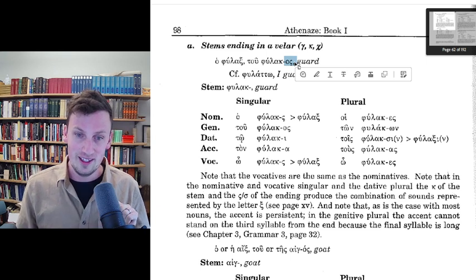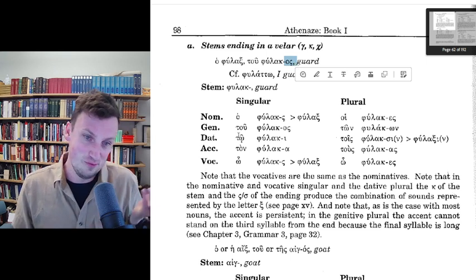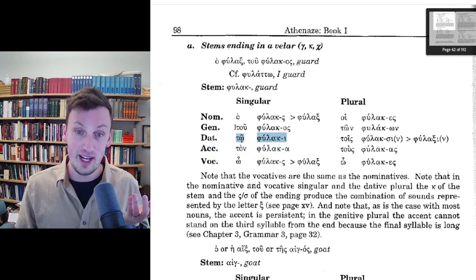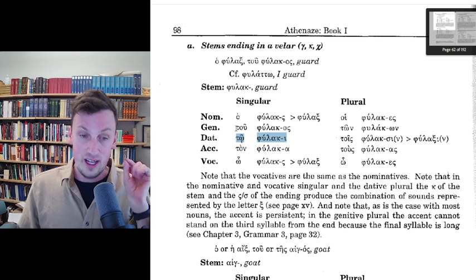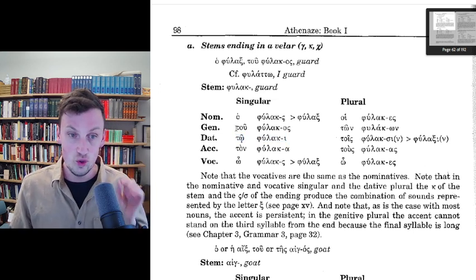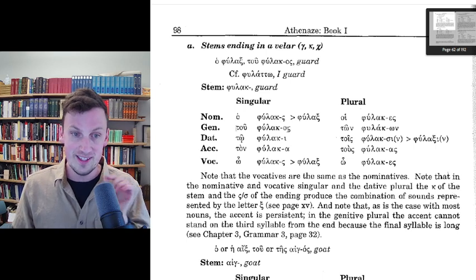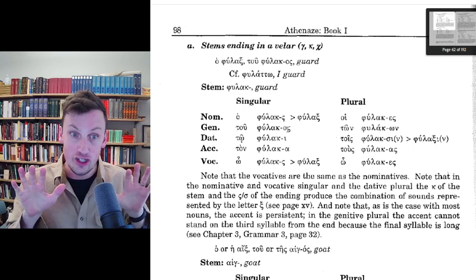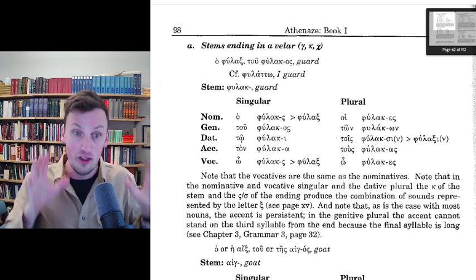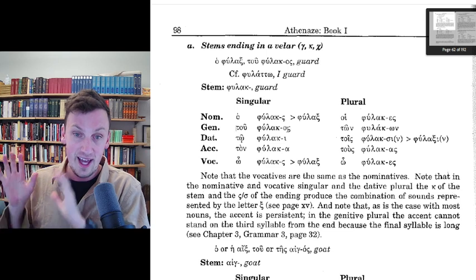So the dative of this is what you'd hope for. It's exactly the same: tō phulaki. But check out the genitive, right? The genitive singular of the second declension is ou. Of the third declension is os. They don't match in spelling, but they're the exact same meaning, right? They're both genitive singular masculine endings.